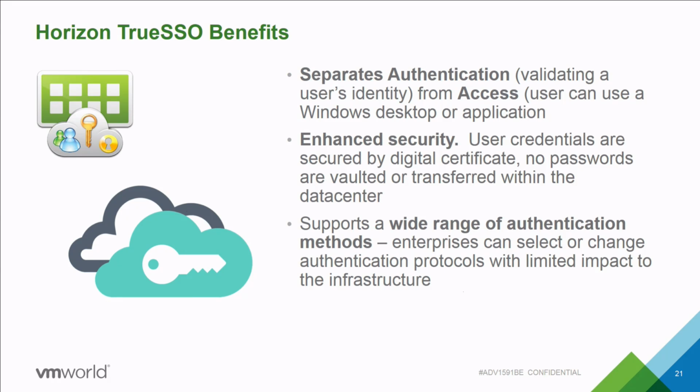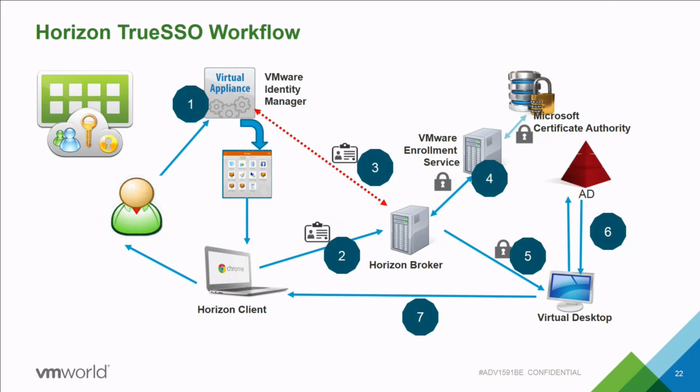Sure, absolutely. So, tell me if I'm wrong, if I understand correctly how it works. First, my user will probably authenticate against the IDM, so the portal of Workspace ONE, and get a SAML assertion. Then the user will click on the application, launch the application, which will trigger his Horizon client.